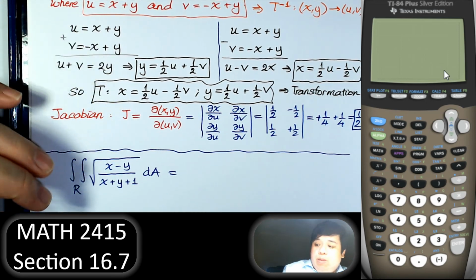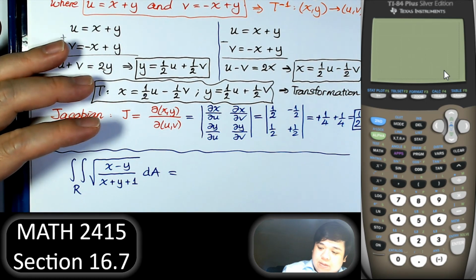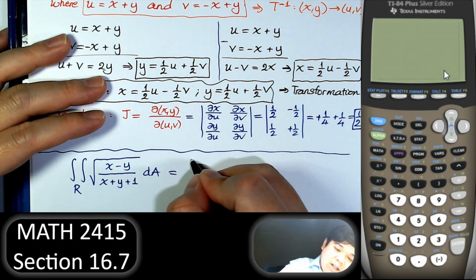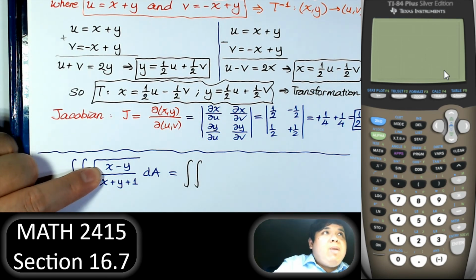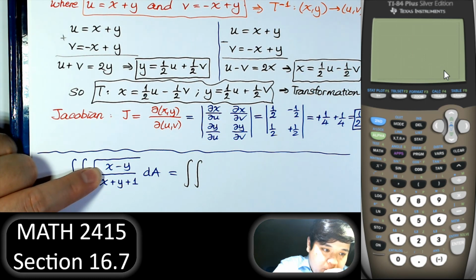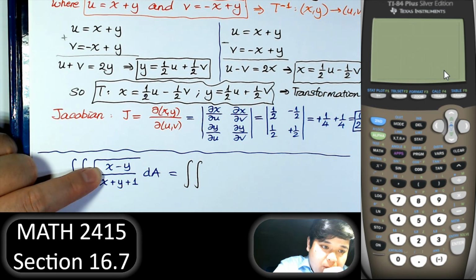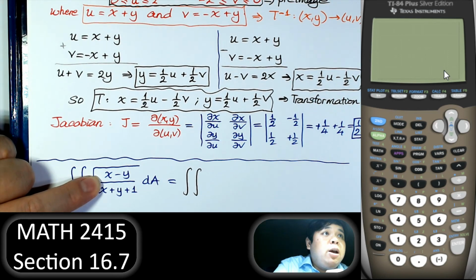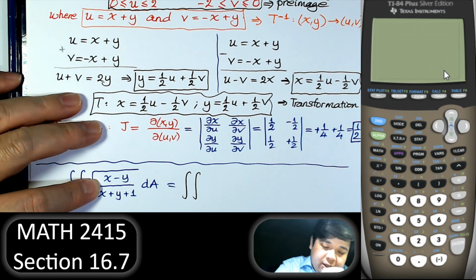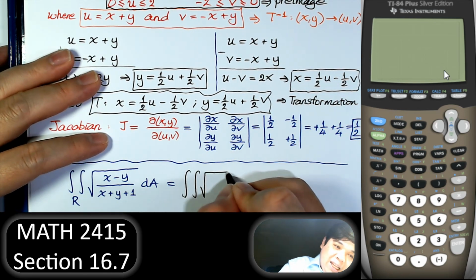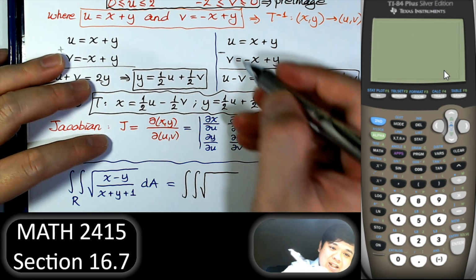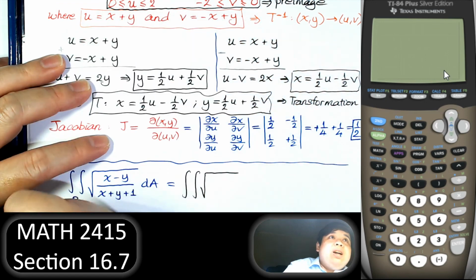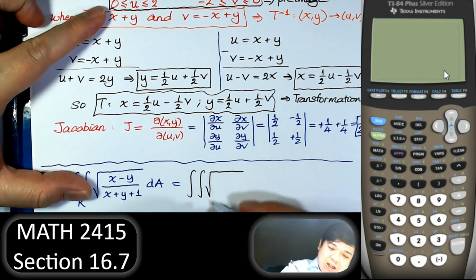Now the change of variable, and we write in terms of u and v. I ask you, what is x minus y? We'll determine that in a minute, but remember we did say that u is x plus y.